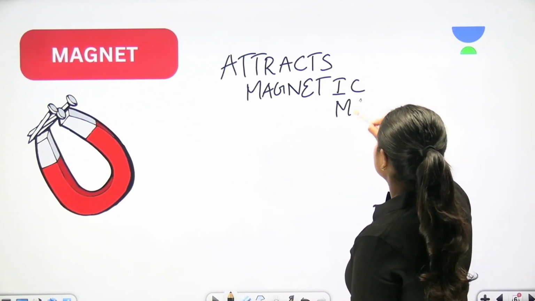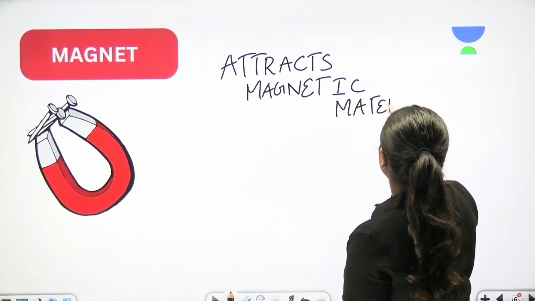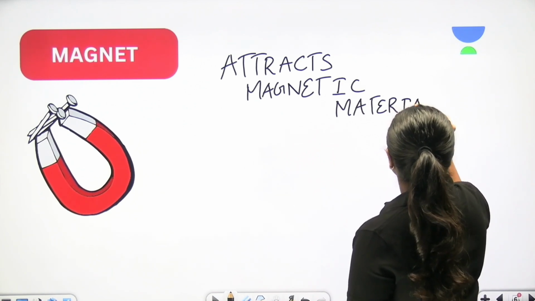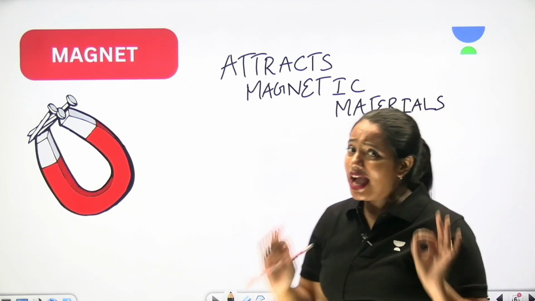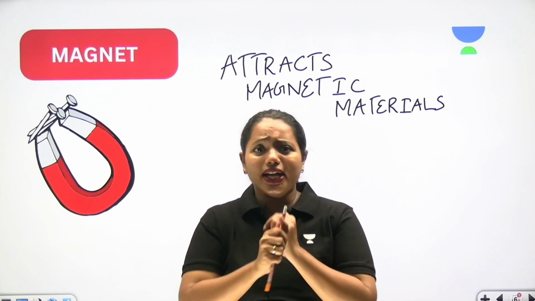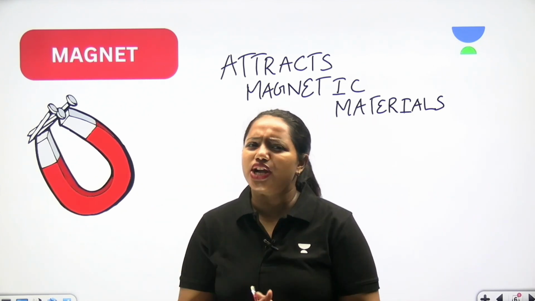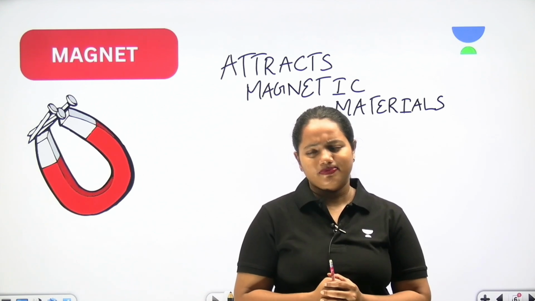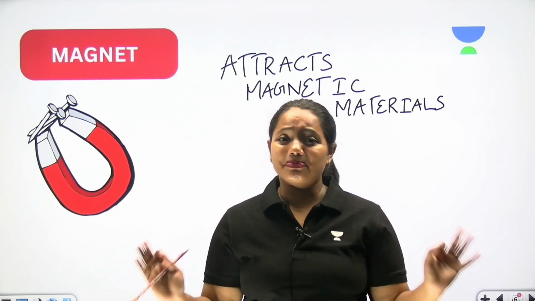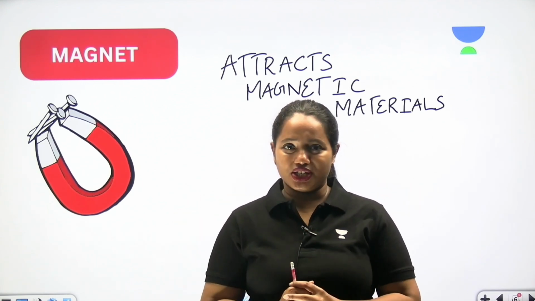Magnetic materials. A magnet can definitely attract iron, nickel, cobalt, etc. But why is it able to attract other materials like this? Just because it has something called a magnetic field around it.